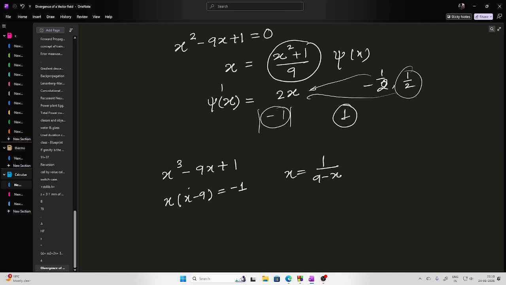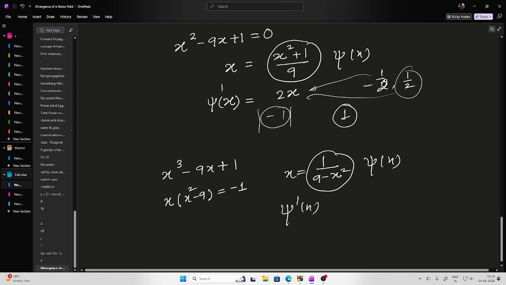Sorry, as this is cube, it will be square. Now this will become your psi x. Now you try to find the derivative of this psi x. Let's say my bracket is going from 0 to 1.